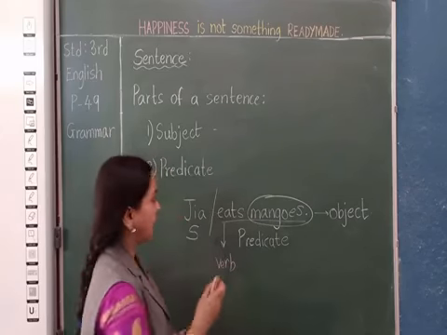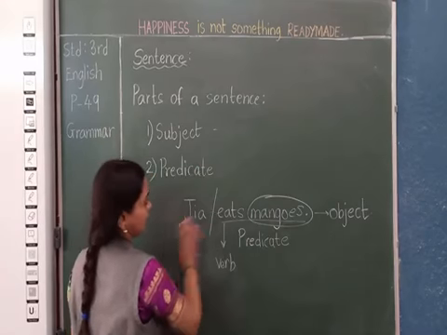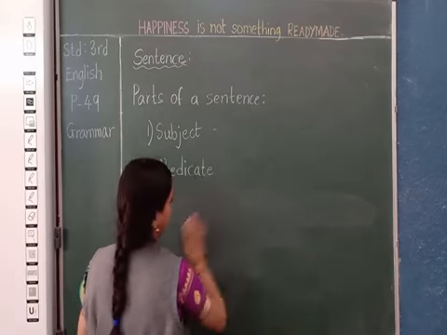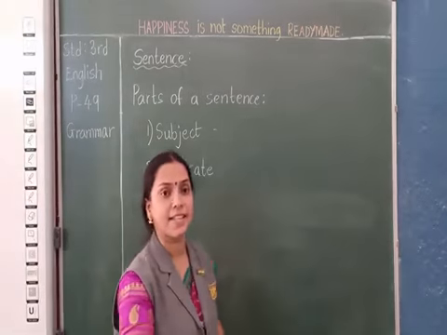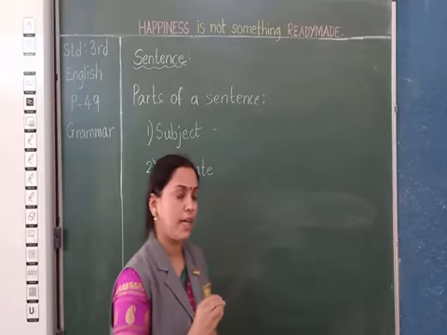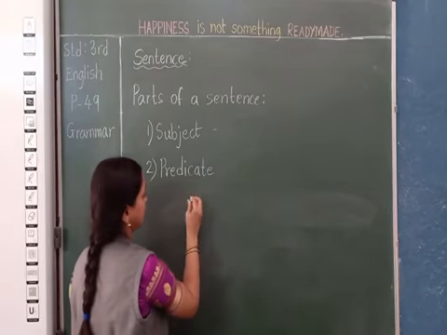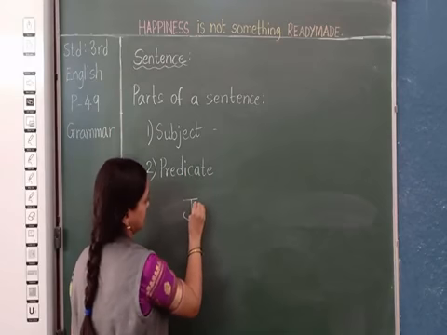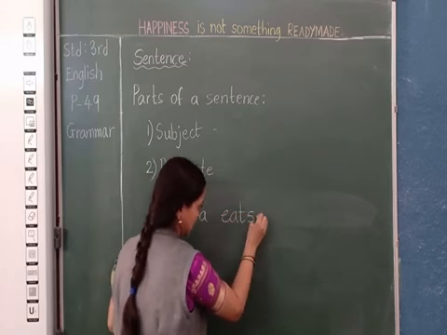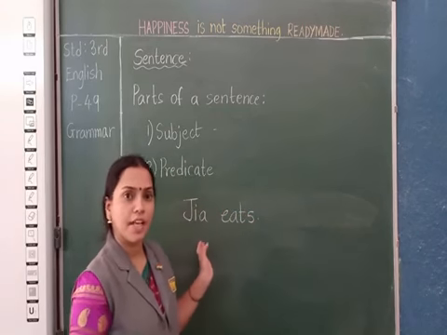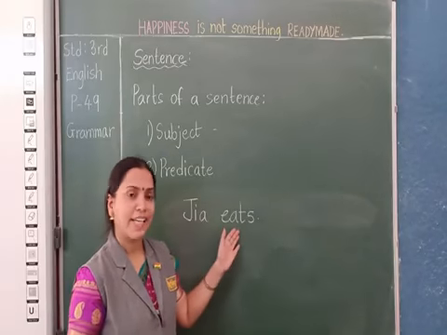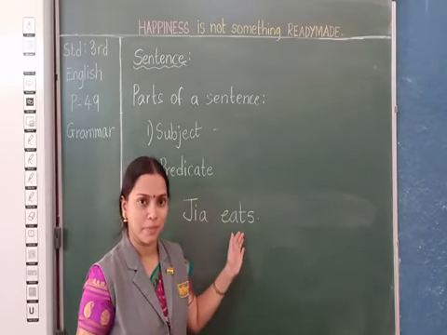Now let us take an example. Like I said, a sentence necessarily has subject and predicate. For example, Jia eats. Here, Jia is subject and eats is the verb.